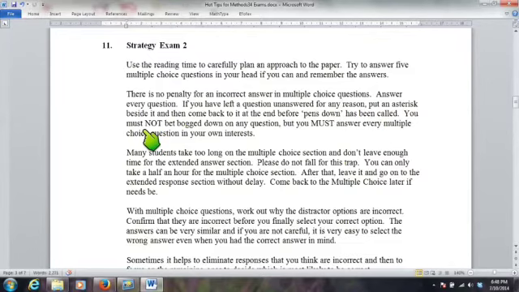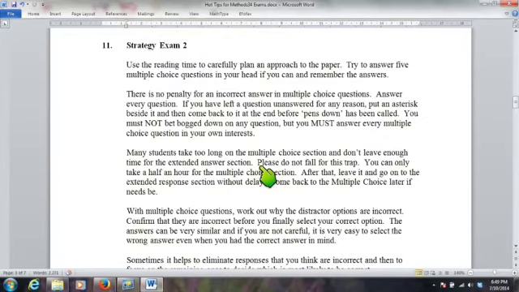You must not get bogged down on any question, but you must answer every multiple choice question in your own interests, ladies and gentlemen. Every multiple choice question must be answered, okay? Now, many students take too long on the multiple choice section and don't leave enough time for the extended answers.